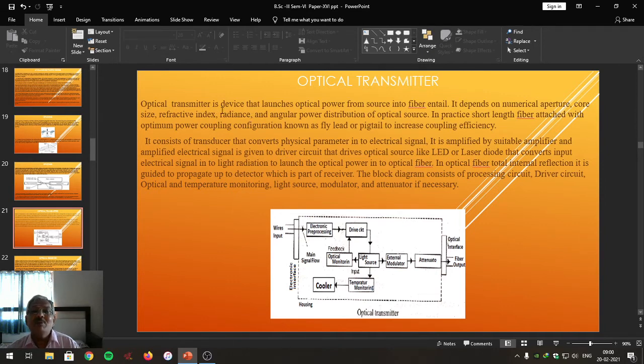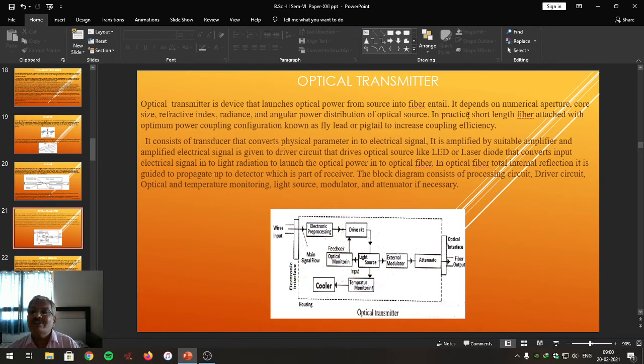Radiance means how much power it is capable of handling. Then the angular power distribution of the optical source. These characteristics of the light source and optical fiber should be perfectly matched. Then and only then is the maximum optical power transmitted into the optical fiber.